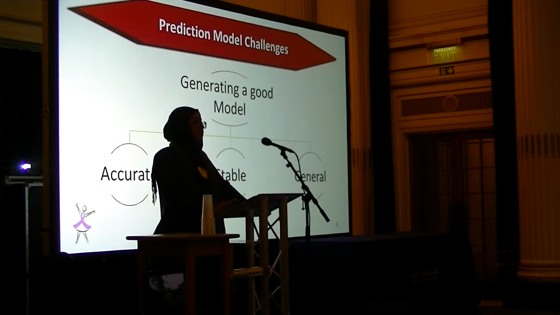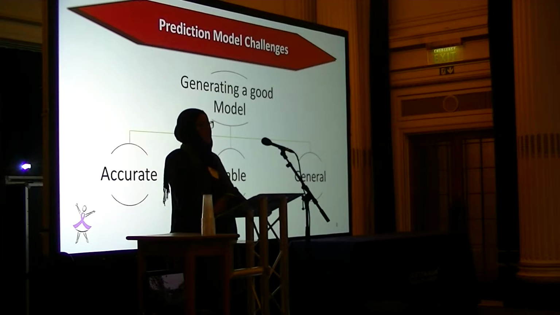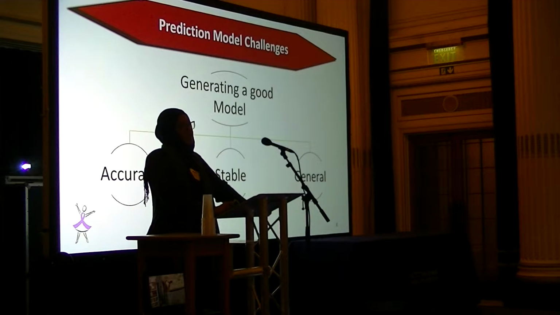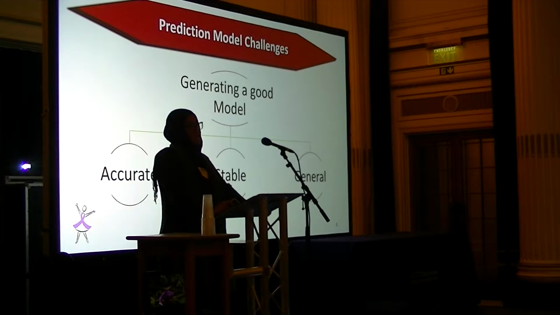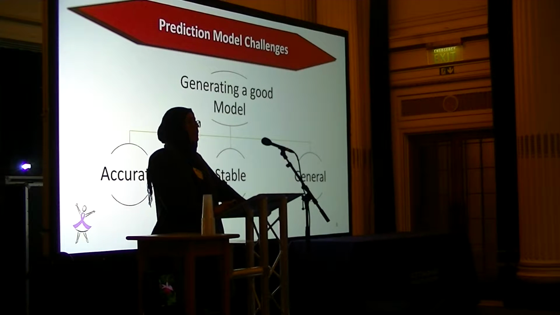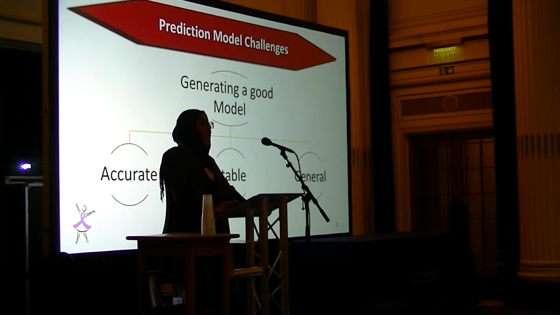Generating a good biological predictive model is a very huge challenge. We have to consider three criteria to construct a good model. The first is how we can fit the particular datasets and achieve a high level of prediction accuracy.